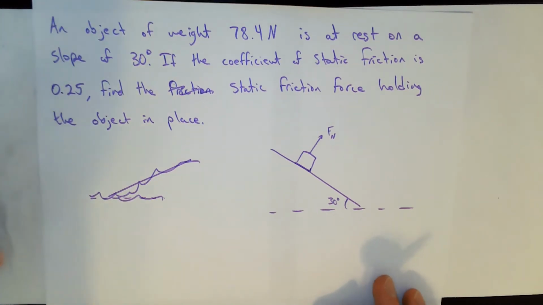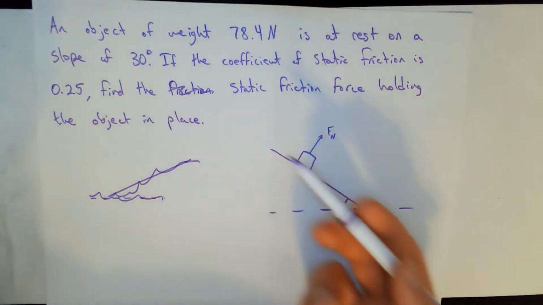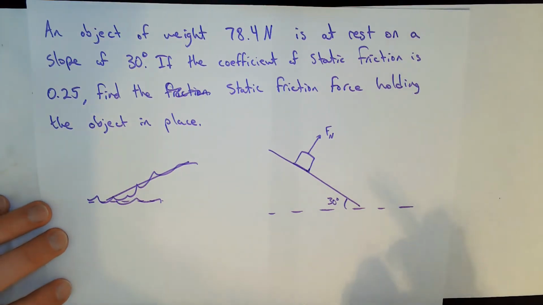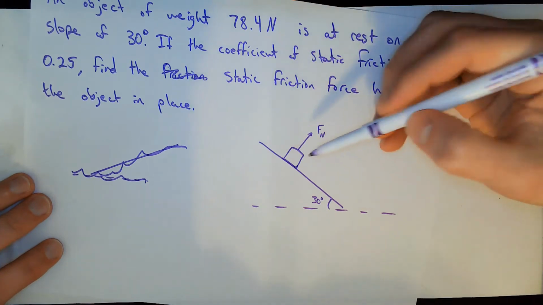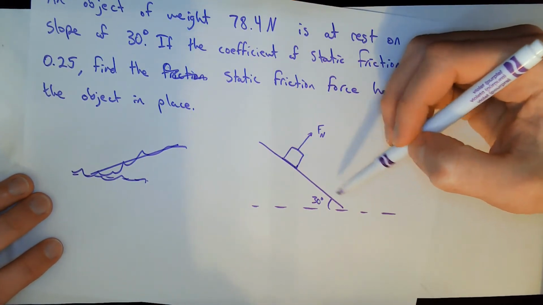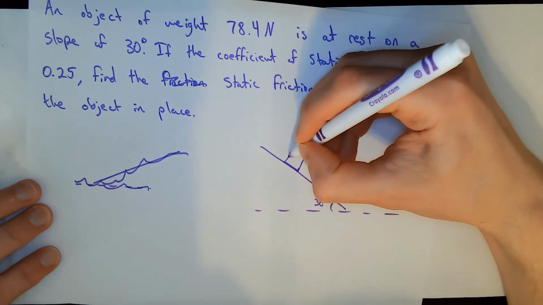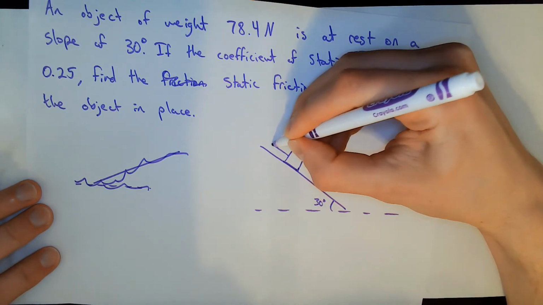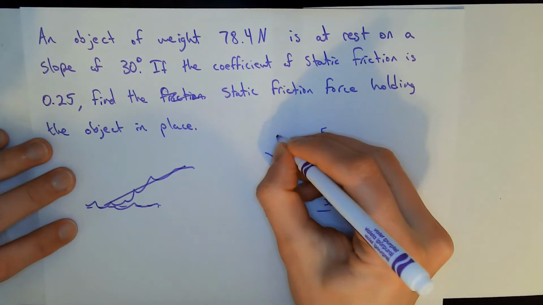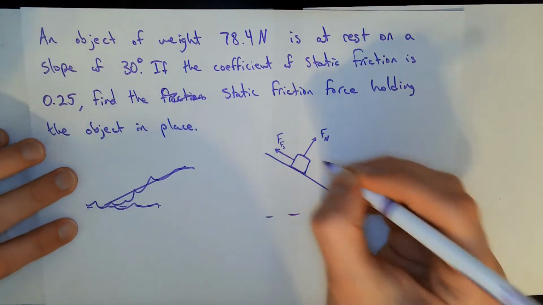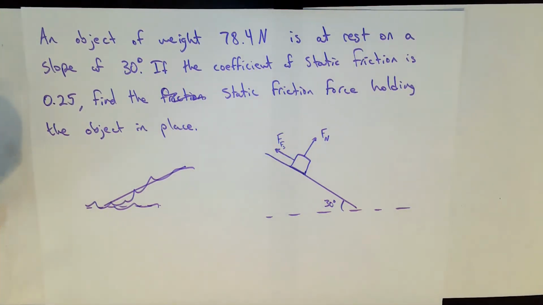My friction force is always going to be parallel to the surface, trying to keep the object from moving. In this case, static friction is pushing up, because gravity is going to be trying to get this thing to slide down the ramp. So static friction is pushing back this way, trying to get it to not move. So I'll say F sub Fs for static friction.